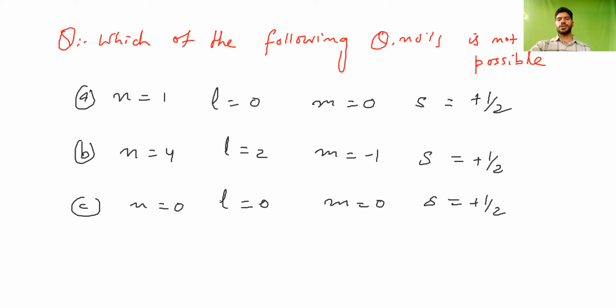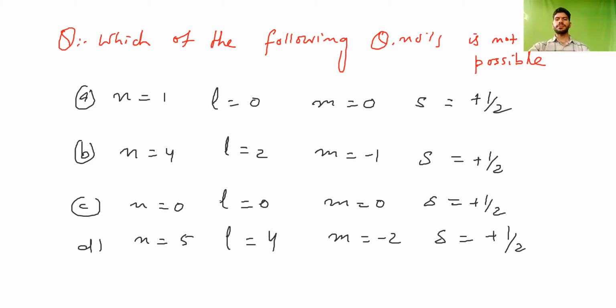Next, n value is, let's say, 5, l value is 4, m value is minus 2, s value is plus half. Can you tell me which of the following sets of quantum numbers is not possible?